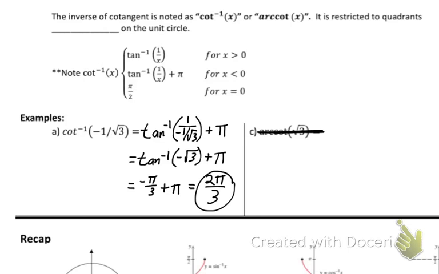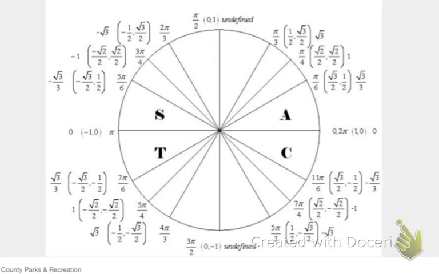Let's go ahead and do arc cotangent of -1. We're going to shortcut this one in the fact that cotangent exists in quadrant 1 and quadrant 2, right?